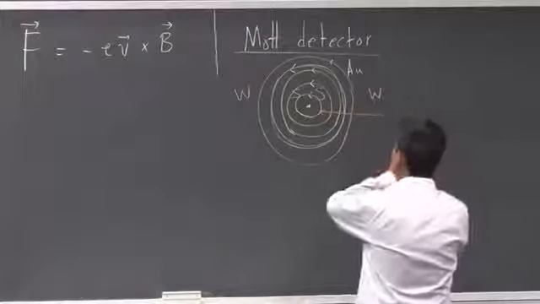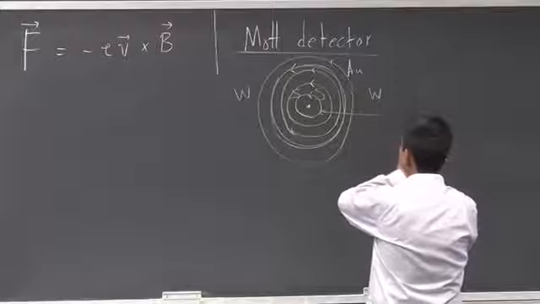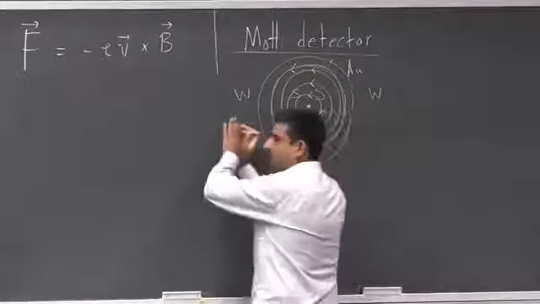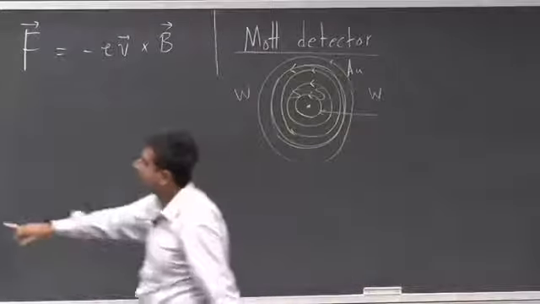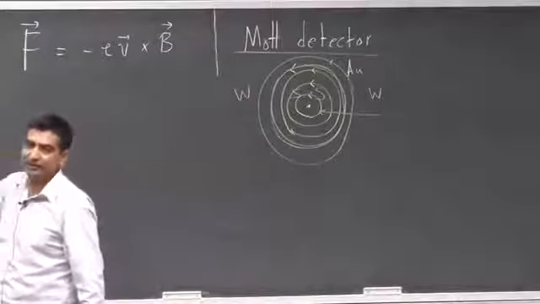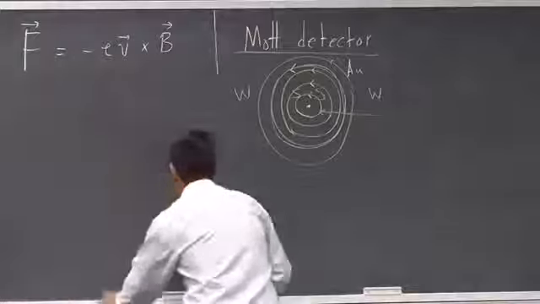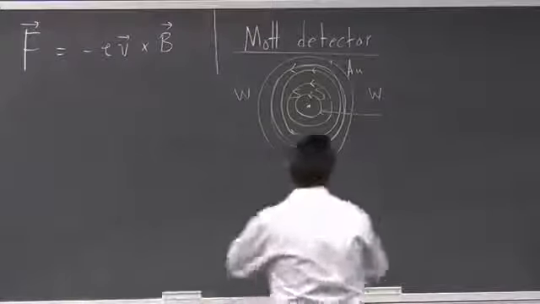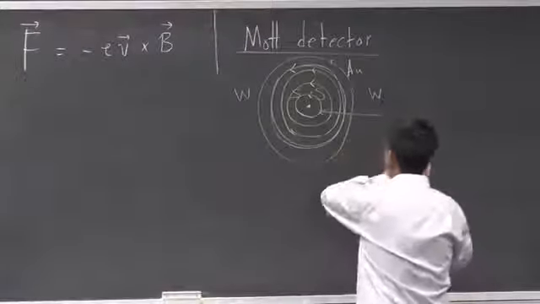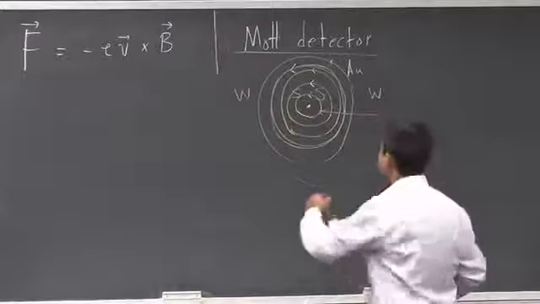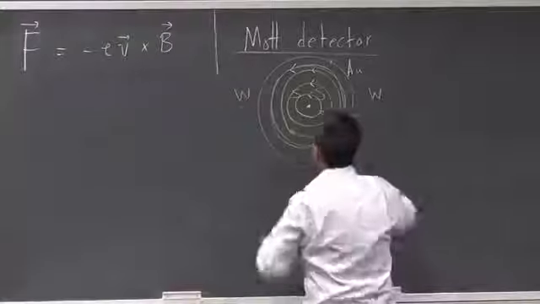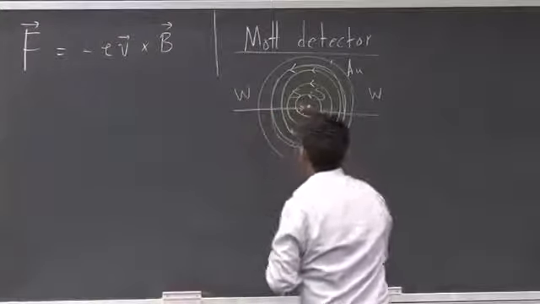So this electron beam will be steered towards the left, because there's a force. Suppose the force is in the direction of the field gradient. So an electron that's coming in under the action of this field gradient will experience a force towards the left. Here, the direction of the field gradient is in this direction.